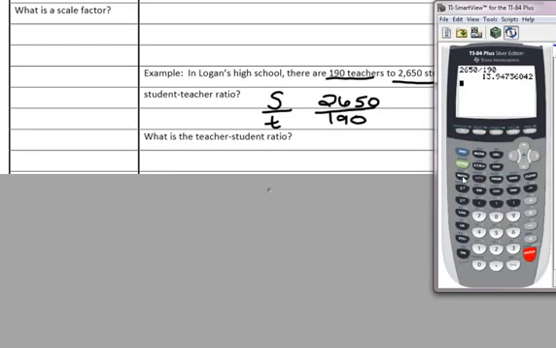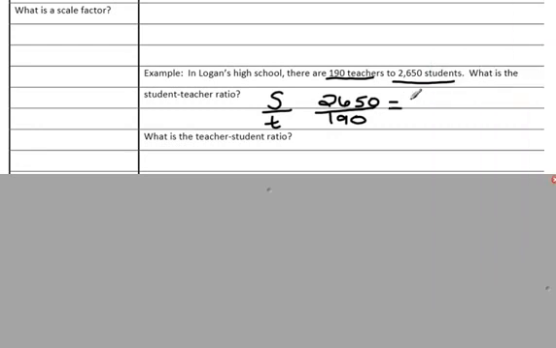So we're going to press math, and then the number 1, or you can just press enter, enter. Math, enter, enter gives you the reduced fraction. So it's 265 students for every 19 teachers. That's our reduced ratio. So then the teacher to student ratio, we would have teachers in the numerator and students in the denominator.